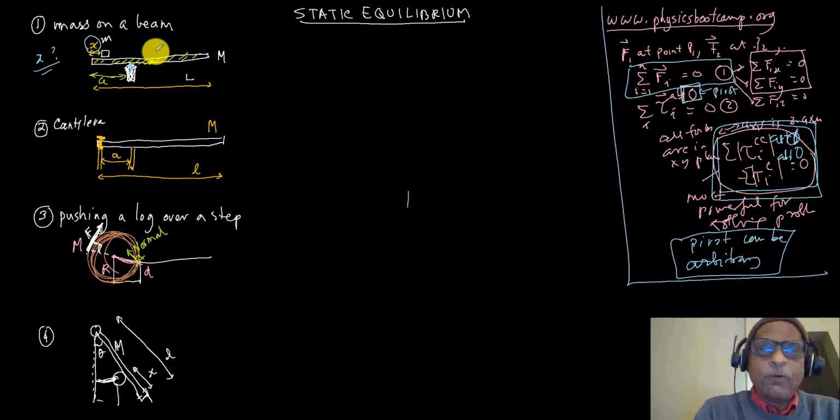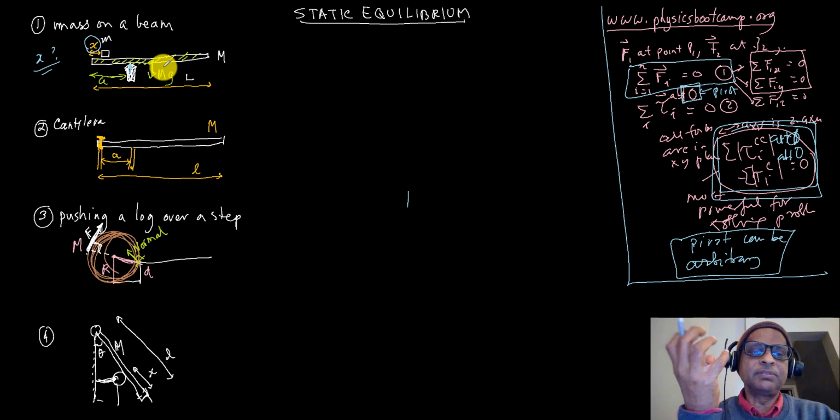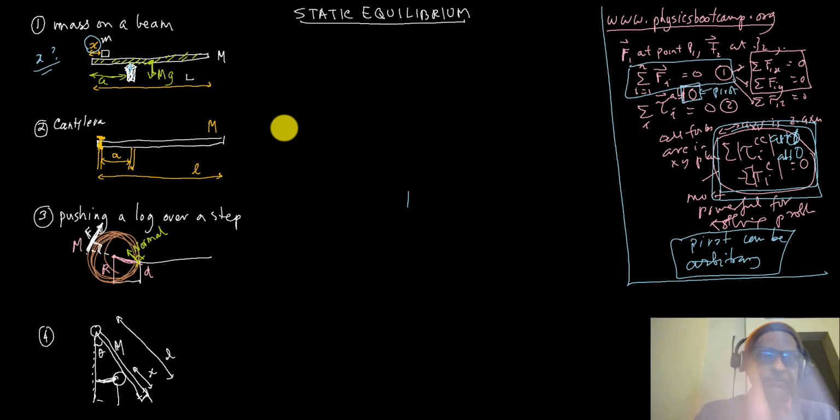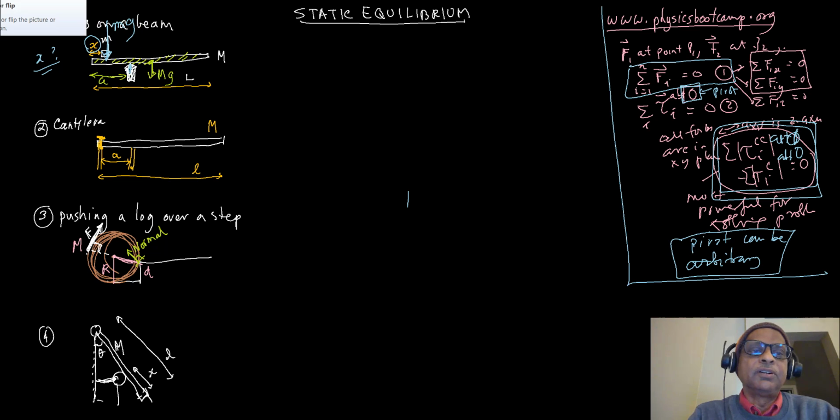The weight of the beam, mg, can be said to act on the center of mass or center of gravity, as Earth pulls down. Then there is another force: the weight of this mass is going to push from the top onto the plank.